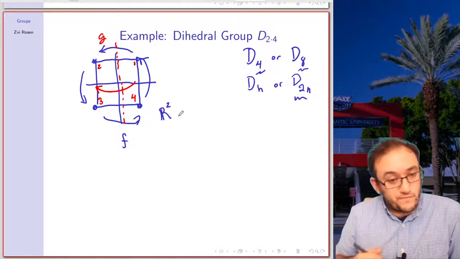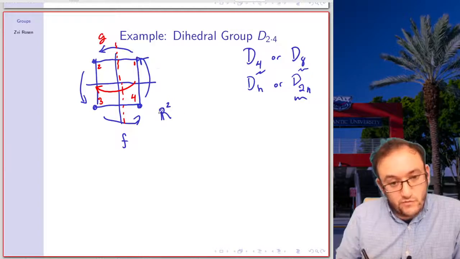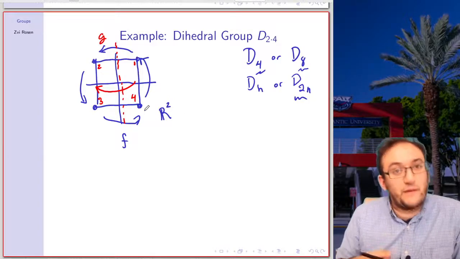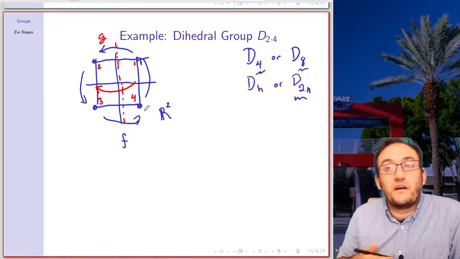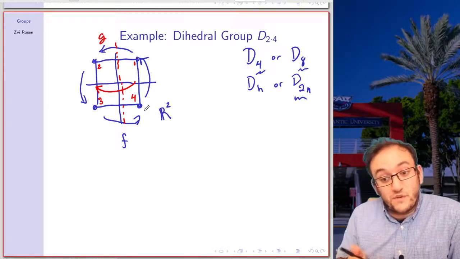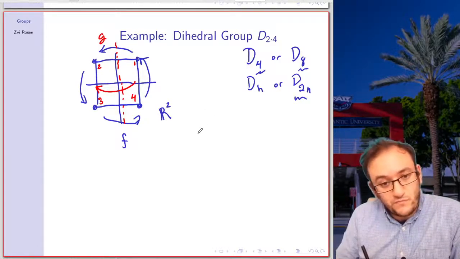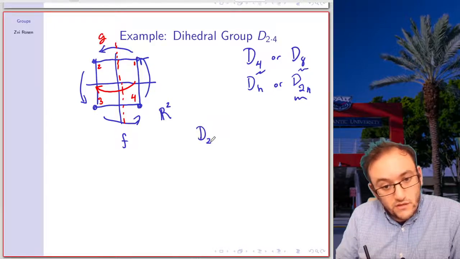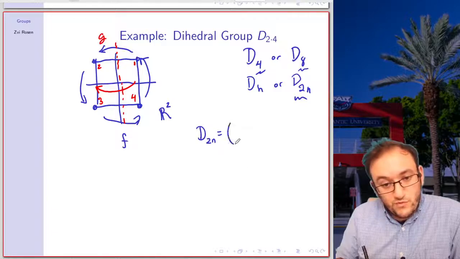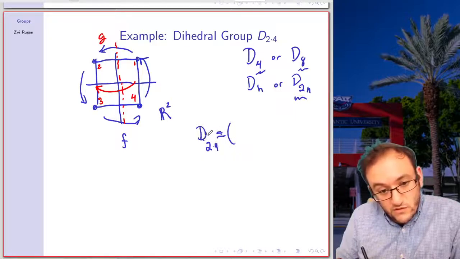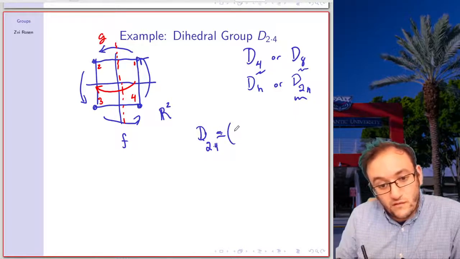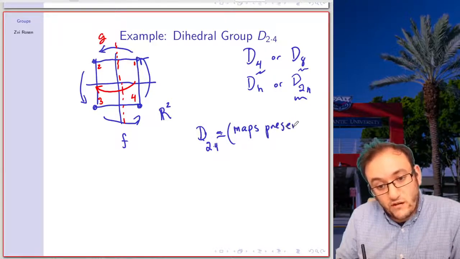So these are maps, and so in a certain sense you can think about it as a subgroup of the group of mappings of R2 to itself. So D2n, this group will be considered, and I'll still call it D of 2 times 4, equal to the maps preserving the square.